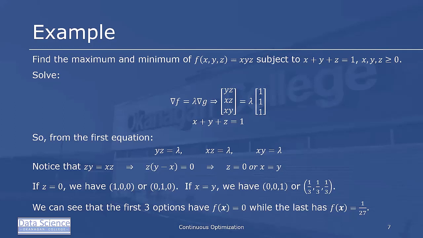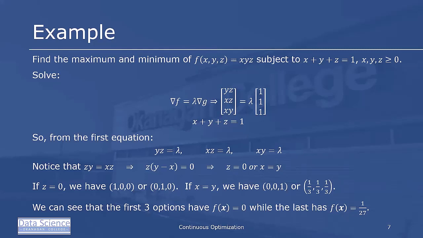So from the gradient equation, we know that if yz equals lambda and xz equals lambda, then zy has to equal xz, or that z times y minus x equals 0. We'll see here that z then equals 0, or that x is equal to y. Notice that we can repeat this with any combination of two of those three equations.